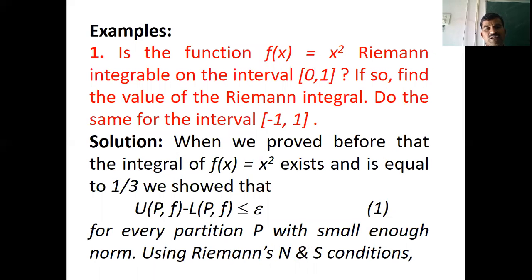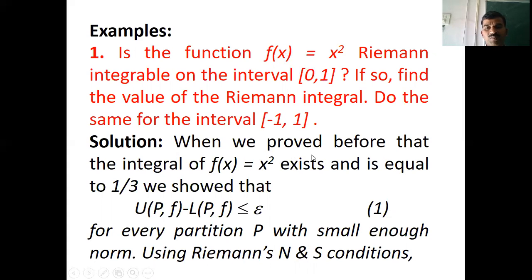Now let us see examples based on the conditions for R integrability. Take the function x squared over the interval [0, 1]. Is this function R integrable? Definitely it is R integrable.